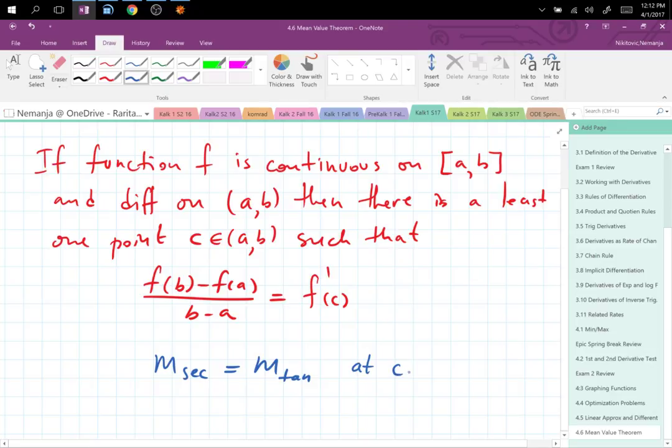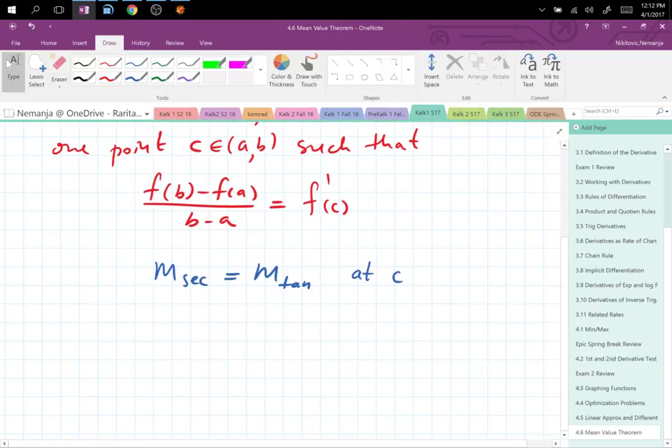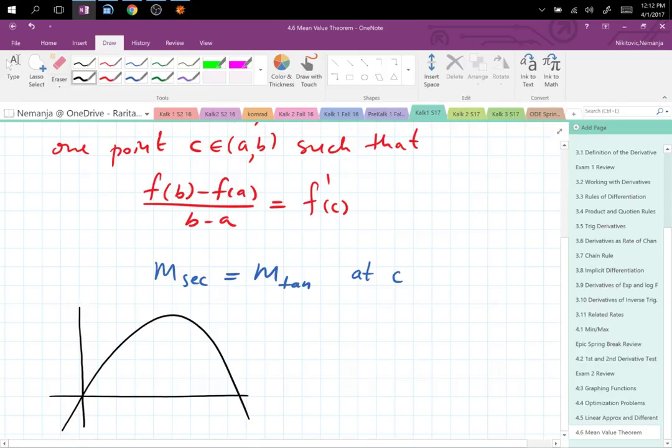Now, thinking about a graph of this, let's say you have some kind of a function f of x, and I will draw a tangent line and parallel to it a secant line.